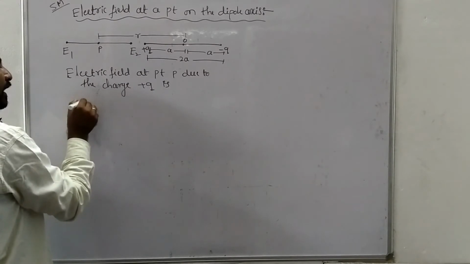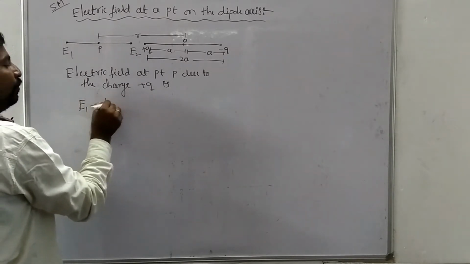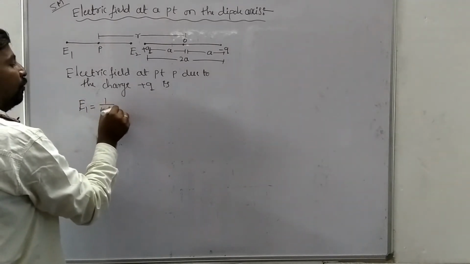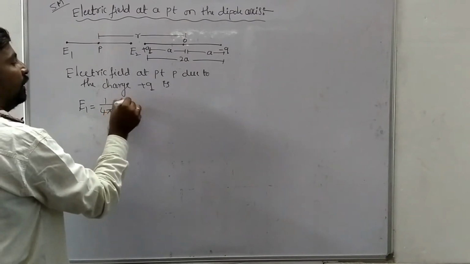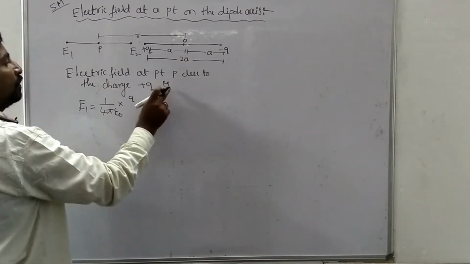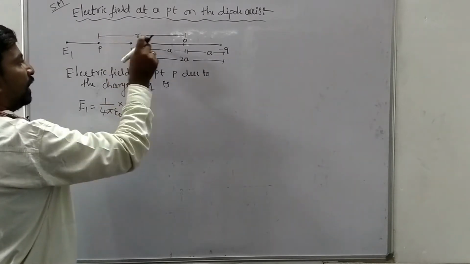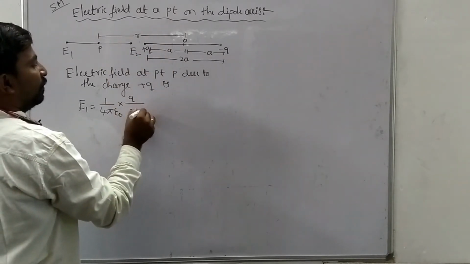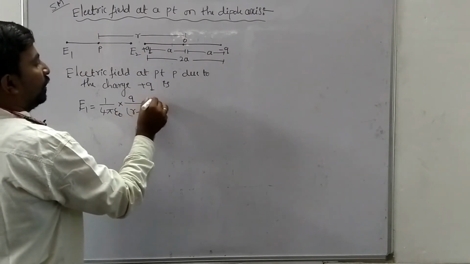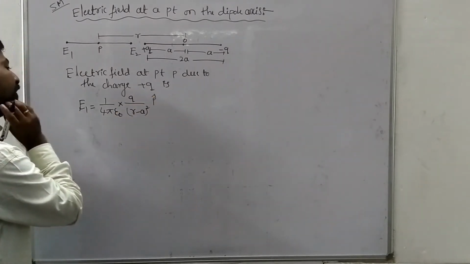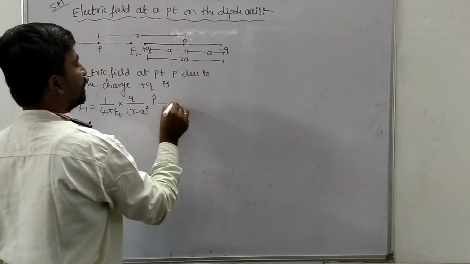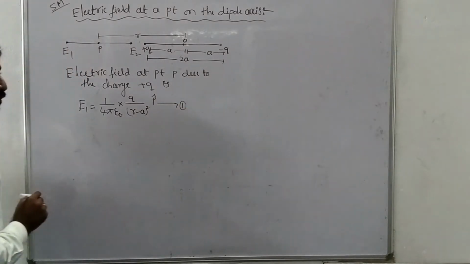So we can write E1 is equal to 1 by 4 pi epsilon naught into Q divided by r minus a whole square into p cap, where p cap is the unit vector. So this is equation number 1.